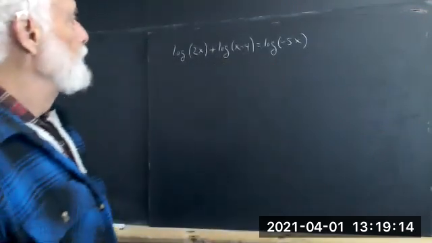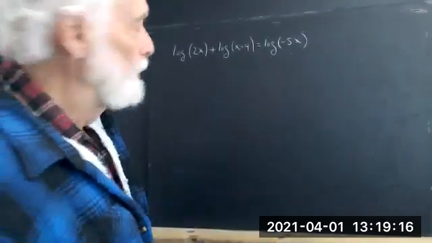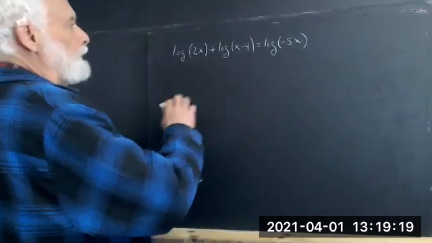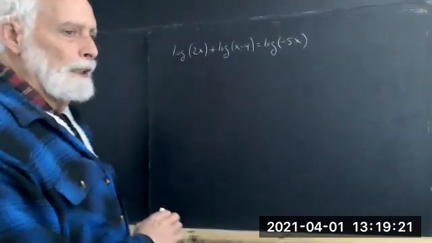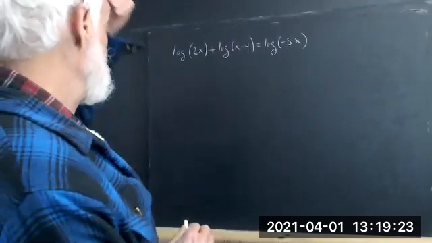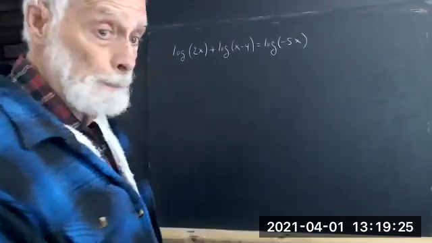Okay, here's one. We don't have just a number over here, you have a log. And the log could be to any base, and it's not really going to matter what the base is in this case. It's not going to make any difference at all.